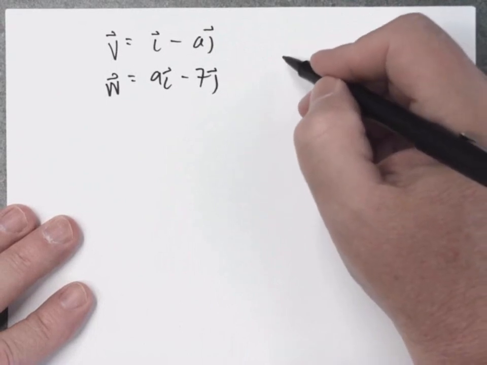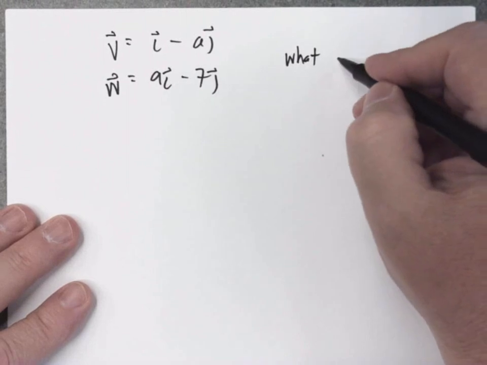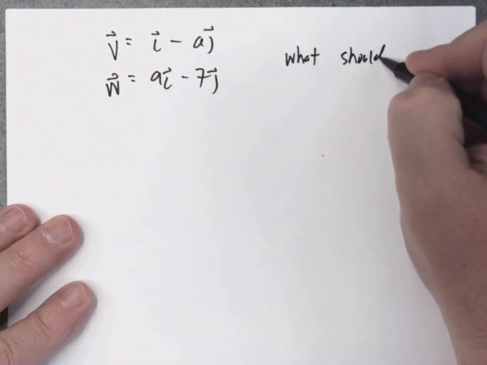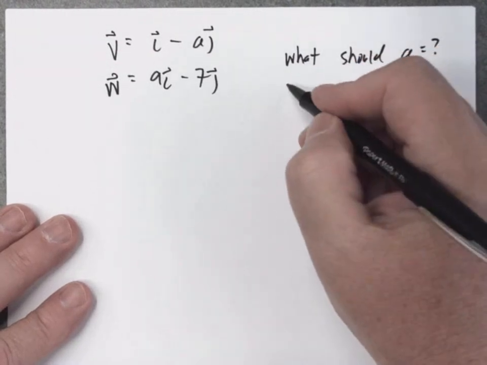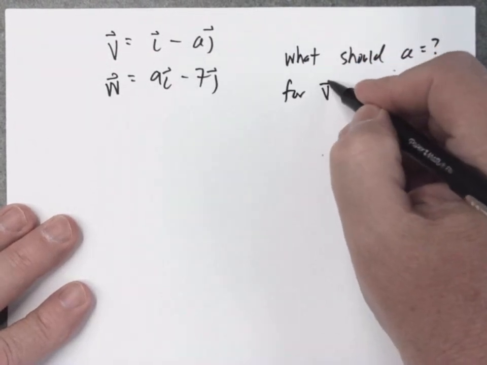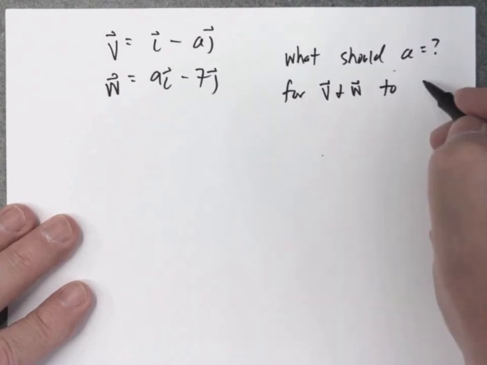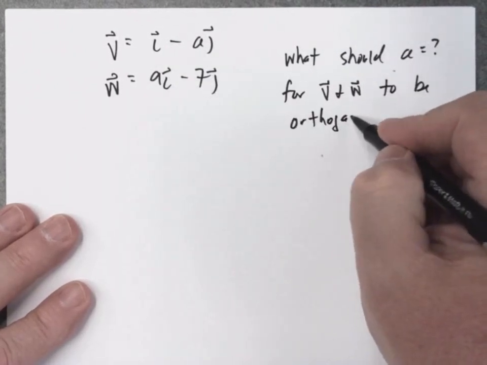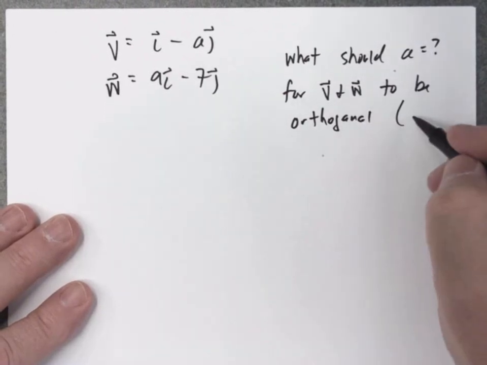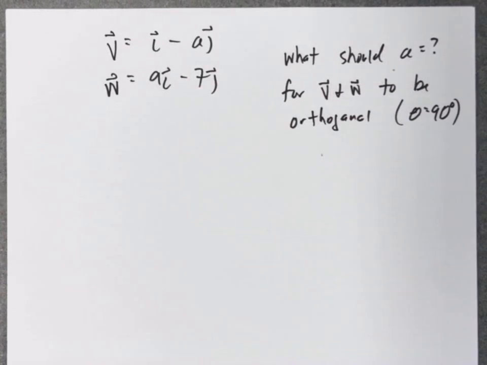And they want to know what A should equal for V and W to be orthogonal, which really means the angle between the two vectors will be 90 degrees.